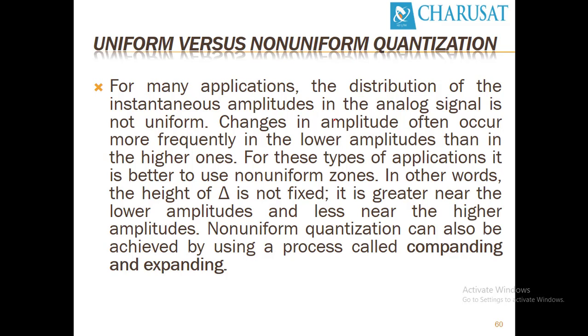This is a smarter way of quantization. If our range is much higher, let's say 0 to 1000 volts, and the majority of voltages are from 700 volts to 1000 volts, we want accuracy from 700 to 1000 volts.